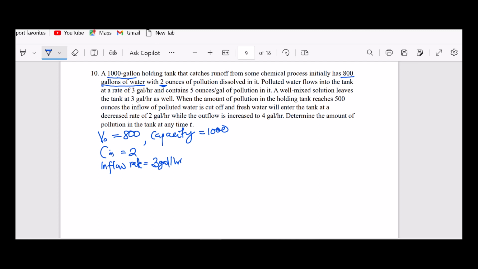So concentration in is equal to 5 ounces, yes, 5 ounces.